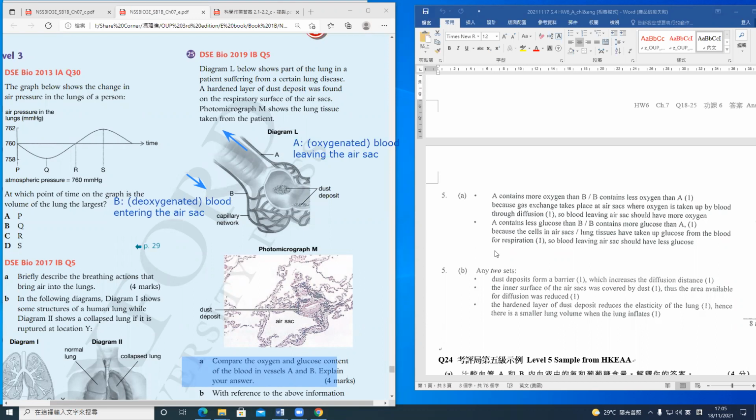So to compare the oxygen content, you see A contains more oxygen because oxygen is taken up by blood through diffusion in the air sac.